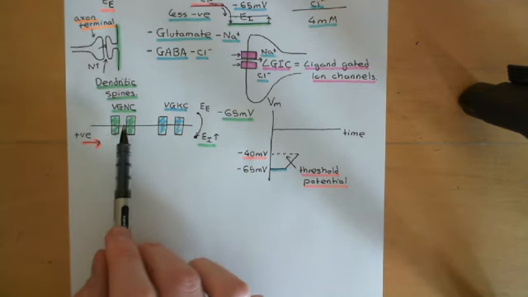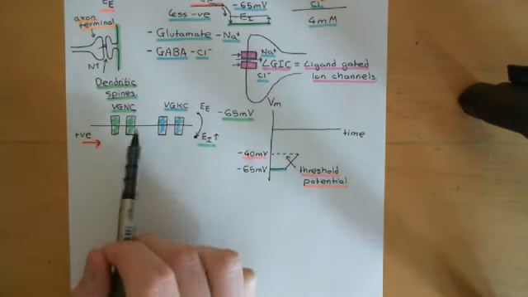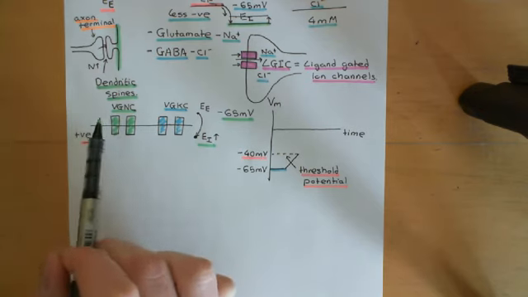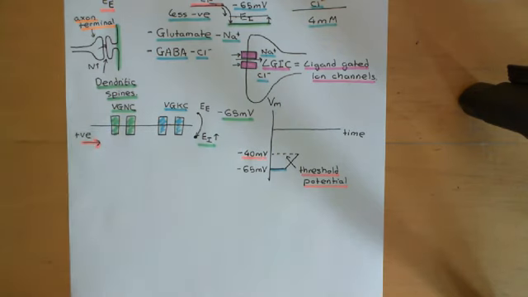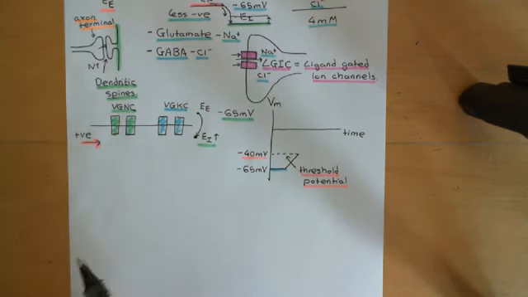However, the voltage-gated sodium channels are incredibly quick. They open extremely quickly, whereas the voltage-gated potassium channels faff about a bit more. Even though they've been activated to open at the same time, these ones open ridiculously quickly, and these ones don't. They remain closed whilst the sodium ones have already opened.